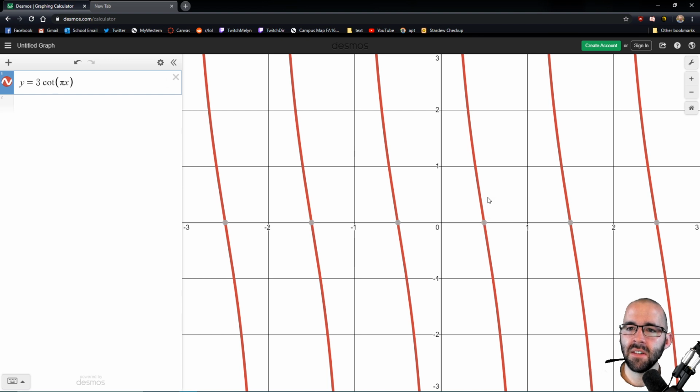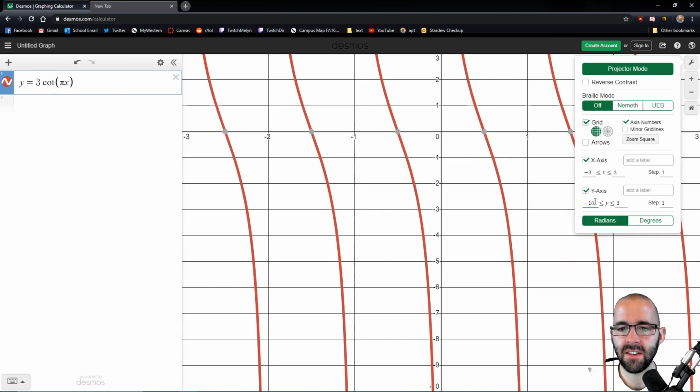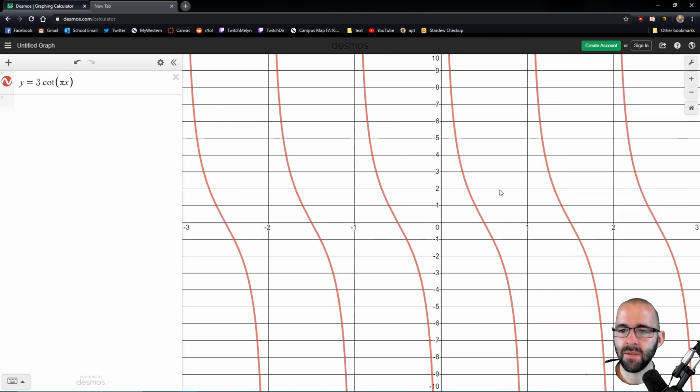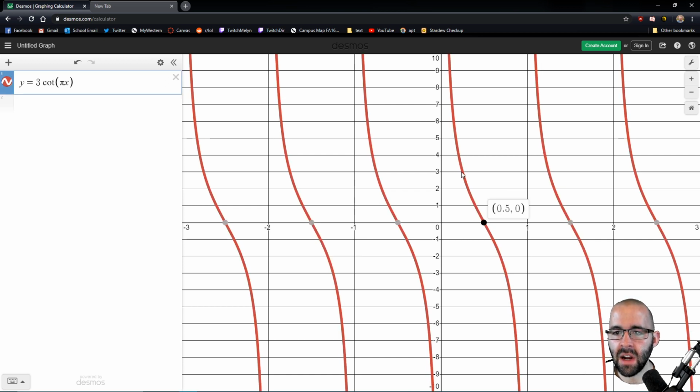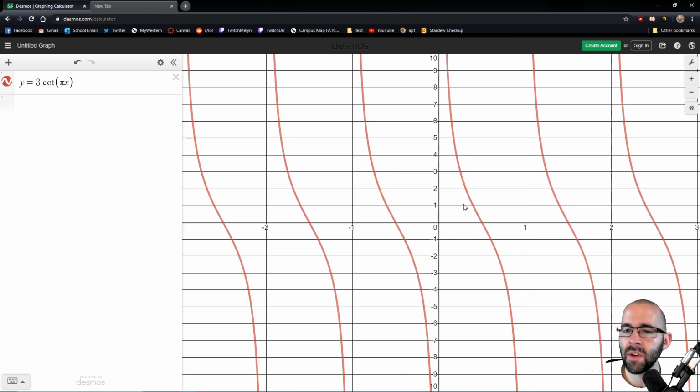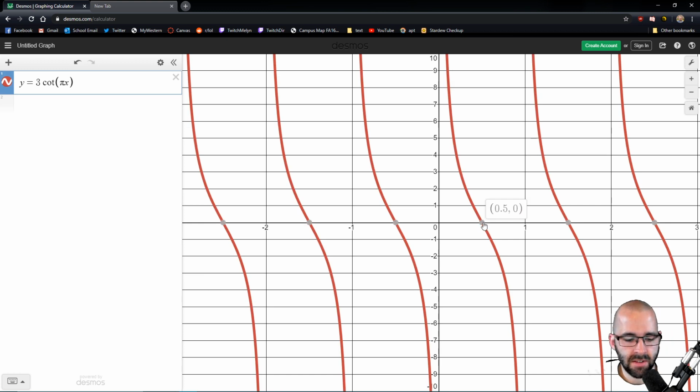So this is getting stretched pretty big. Let's make this like -10 to 10. Make it a little bit more cotangent-y. All right. So look, stretching factor is 3. So when we go a quarter through the period, we are at 3 instead of where we'd normally be at 1 because we got stretched. We said the period was just 1.